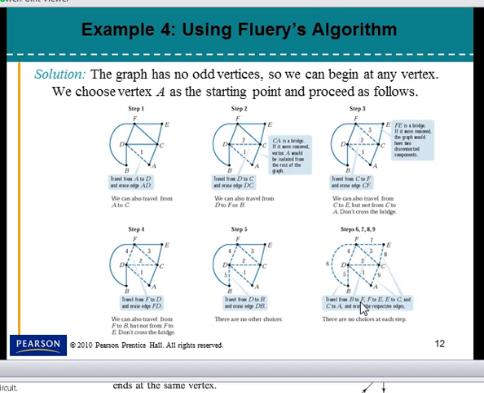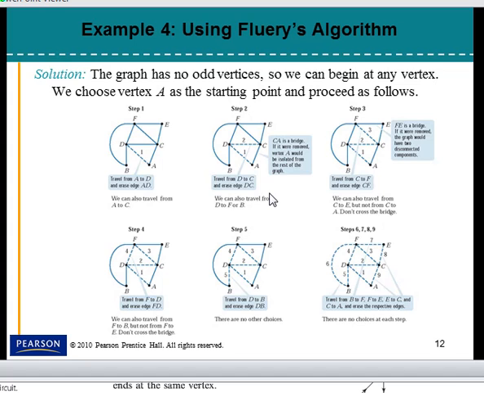Then F to E, that's across here. E to C, coming back here, and finally C to A, and erase the respective edges.